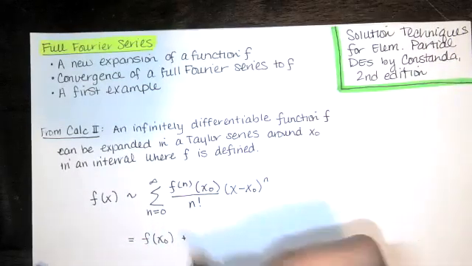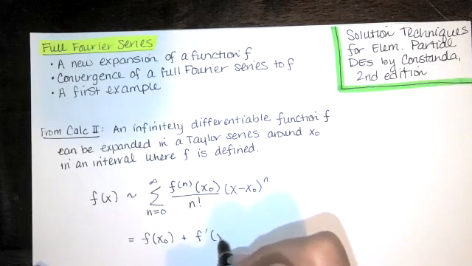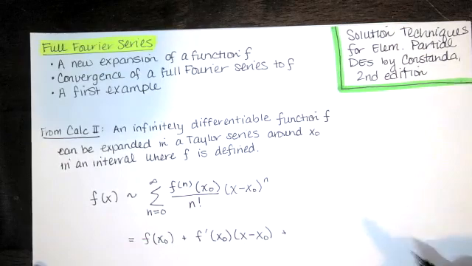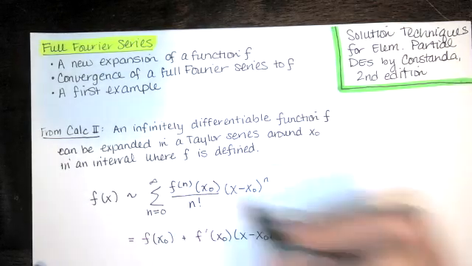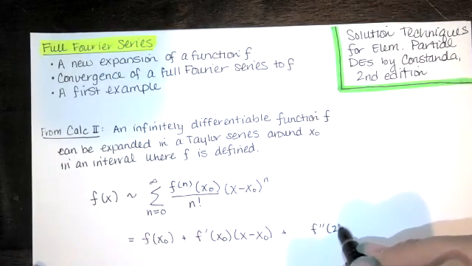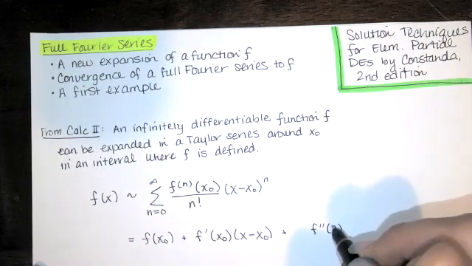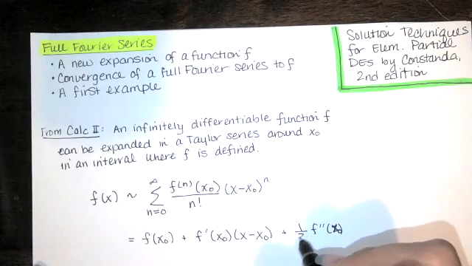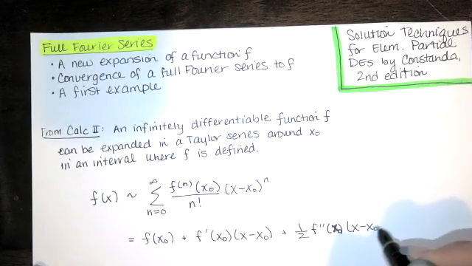If we substitute in n equals 1, we have got the first derivative evaluated at x0 times x minus x0. Then we'll have the second derivative evaluated at x0. Oops, that should be an x0, not a 2. Divided by 2 factorial, which is 1/2, times x minus x0 squared. And we keep going.